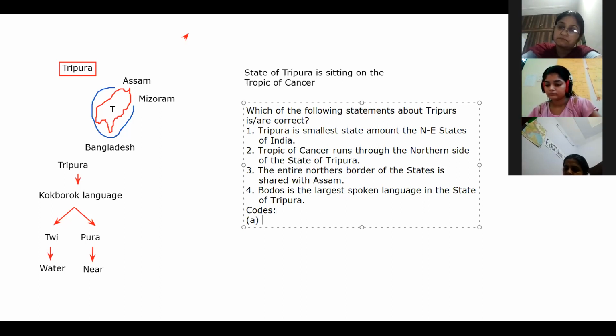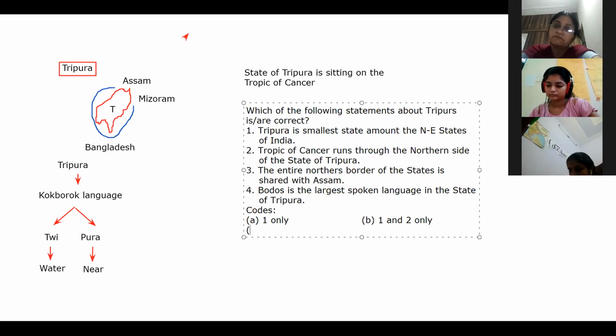First code is, let's suppose, only one is correct. The second can be that one and two only are correct. The third is 2, 3, and 4 only.